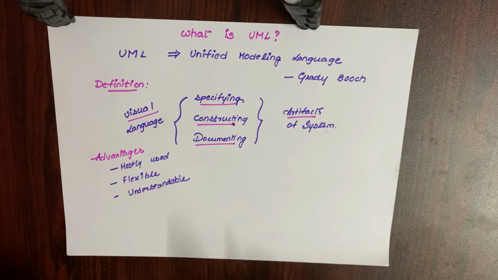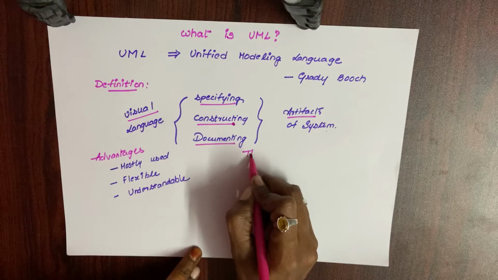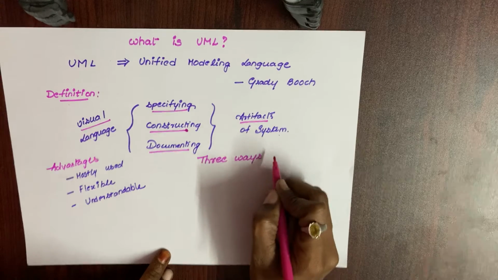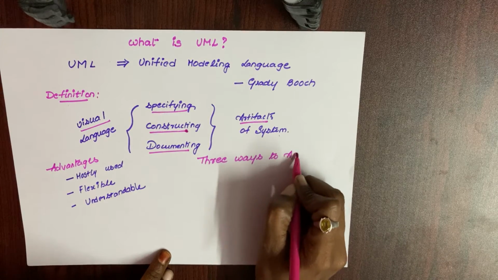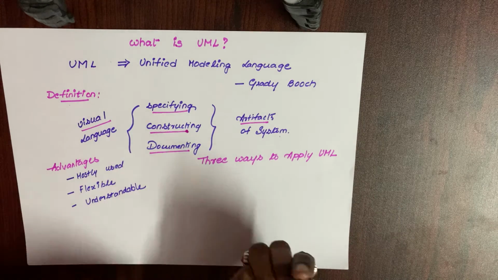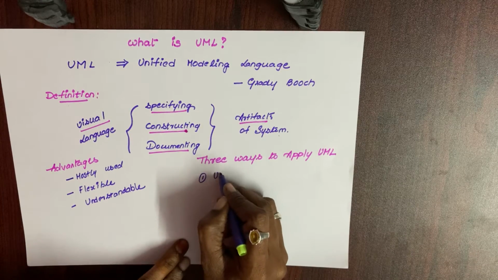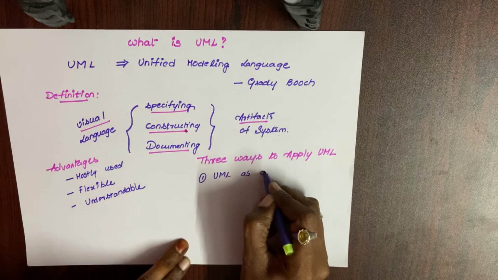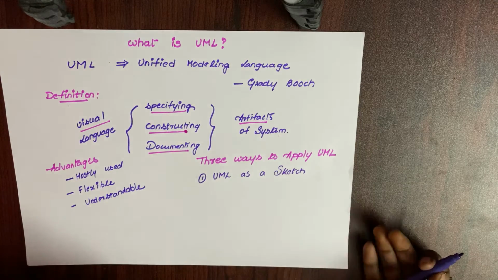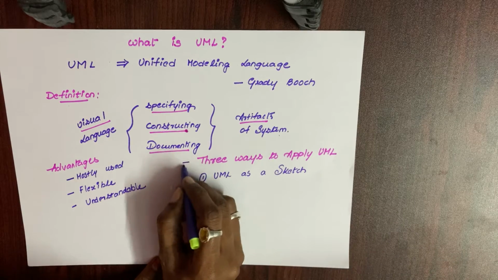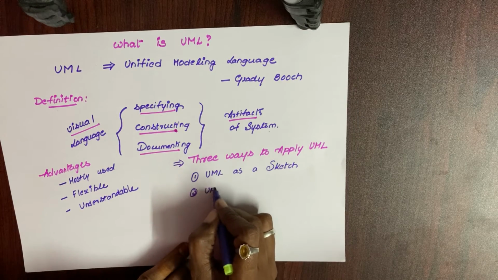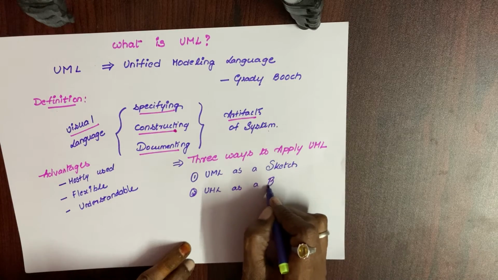Okay, next, there are three ways to apply UML. What are those three ways? Let's see that. First one is UML as a sketch. Second one is UML as a blueprint.